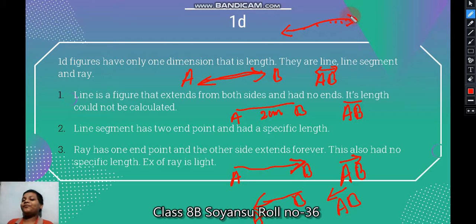How we write it depends on the figure: we put the arrow on the side toward which the ray extends. So if we have an endpoint on one side and continue forming points endlessly on the other side, it is called a ray.